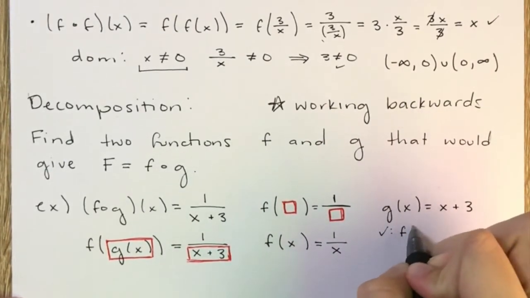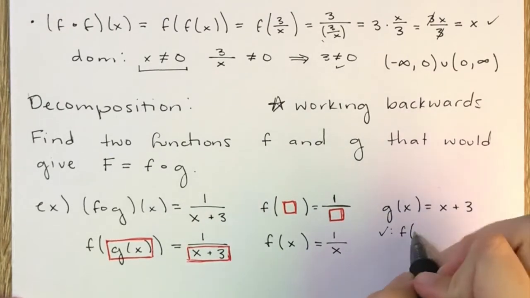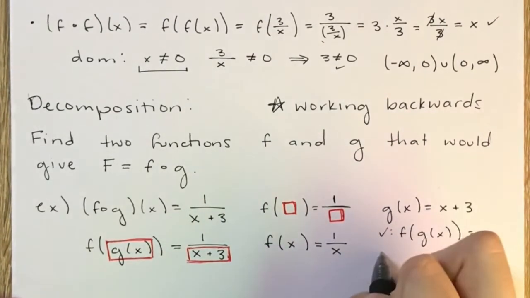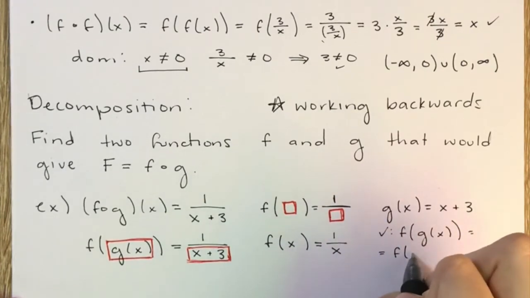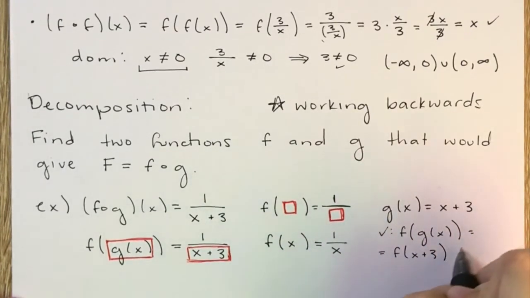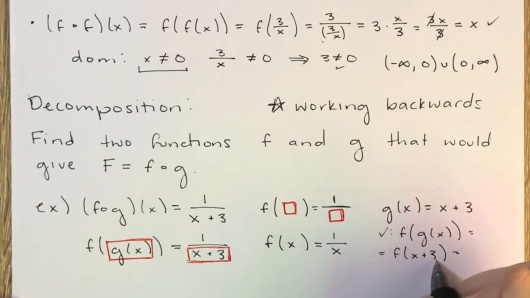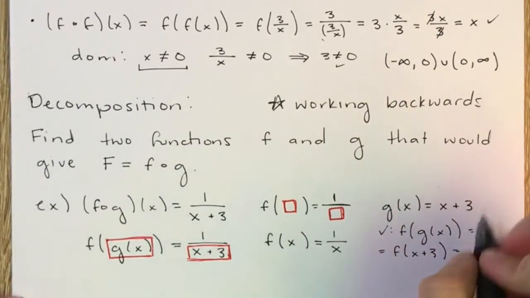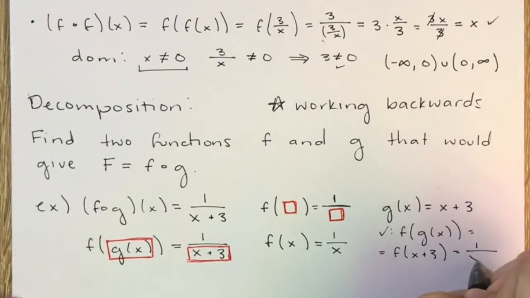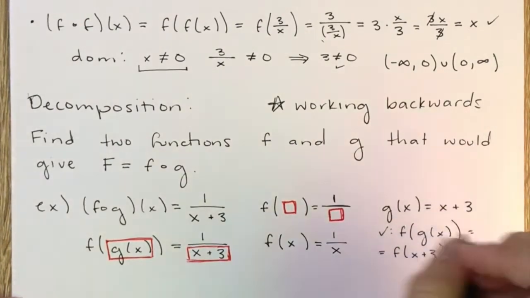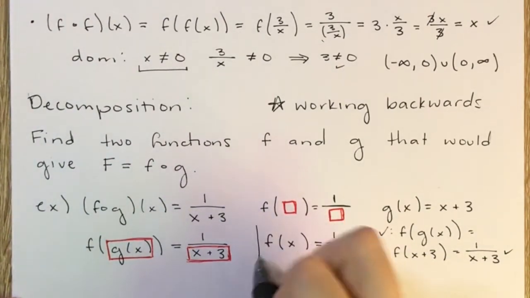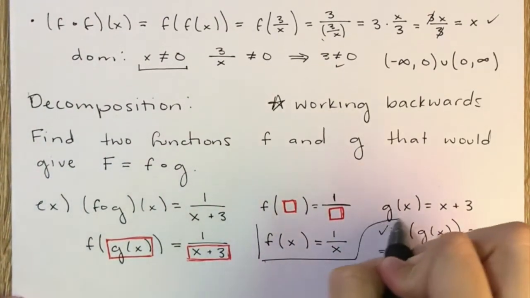If I take f of g of x, and g of x is x plus 3, then I've got f of x plus 3. And if I'm putting x plus 3 into 1 over x, then I'm replacing x with x plus 3. So I have 1 over x plus 3. That's what we started with. So we are good. So our answer is both of these.